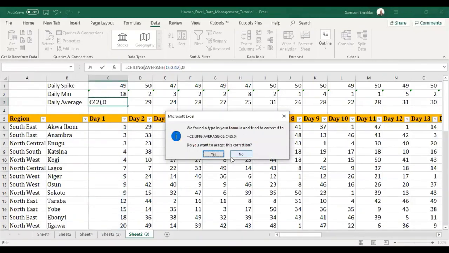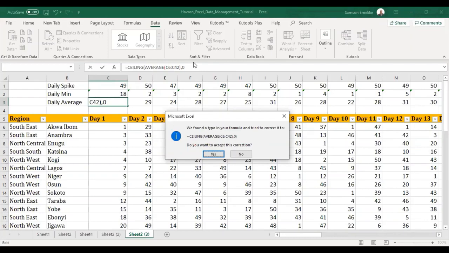Okay. Now, this has also helped us to know that for this CEILING, we need to put a closing bracket. Like I was telling us, it is with practice that you attempt, you make errors, and then you'll be able to identify those functions that you must close the bracket after you have done it, and those you don't need to close the bracket.